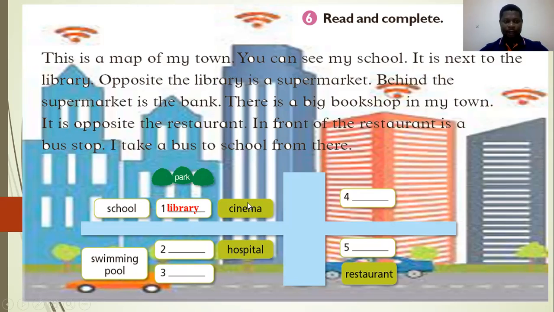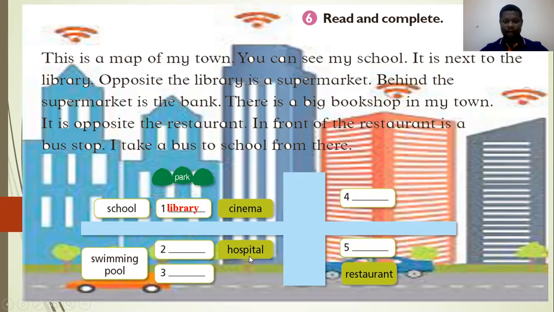Then it says opposite the library is a supermarket. Behind the supermarket is the bank. There is a big bookshop in my town. It is opposite the restaurant. In front of the restaurant is a bus stop. I take a bus to school from there.